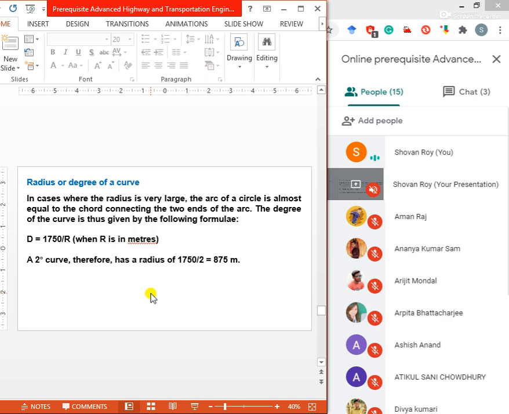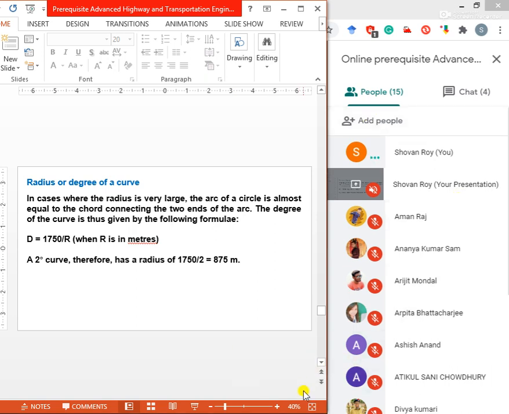Suppose a 2-degree curve therefore has a radius of 875 meters, because the formula is 1750 divided by r. Obviously D equals 1750 by r, so r equals 1750 by D. If the D value is available, we can find out the r value. So D or r we can find out, whichever is available to us.